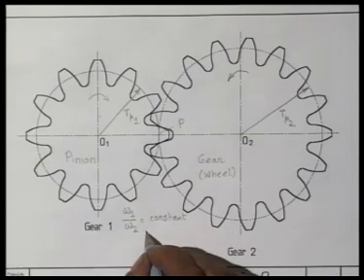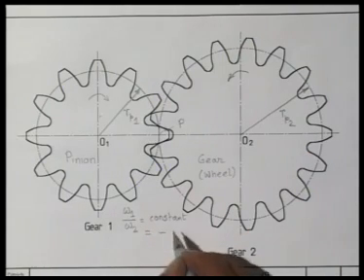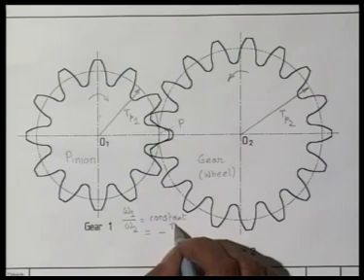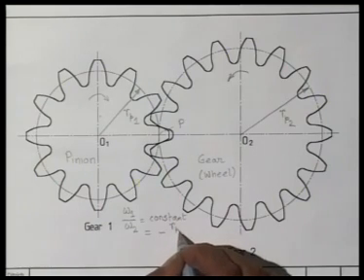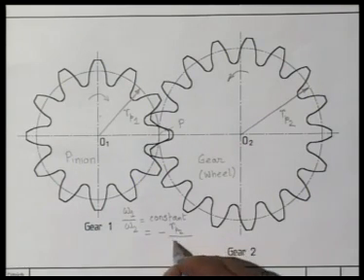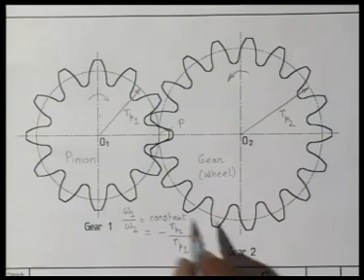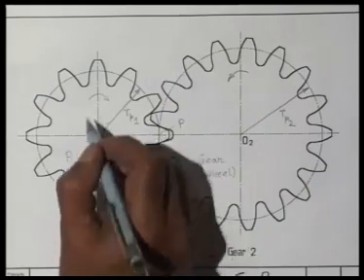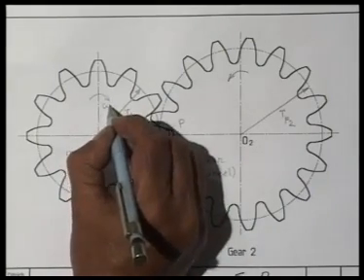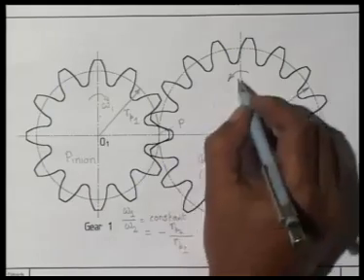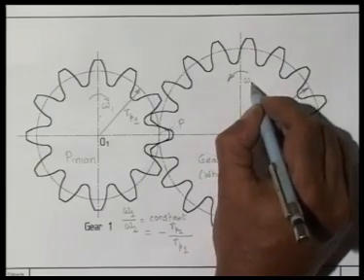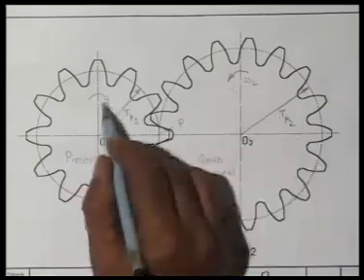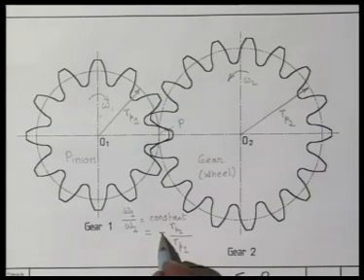then this constant is nothing but minus rp2 by rp1, because there is no slip. So, at this contact point their velocity is the same. So, rp1 into omega 1 must be rp2 into omega 2, but omega 1 and omega 2 are in opposite directions, that is taken care of by this negative sign.